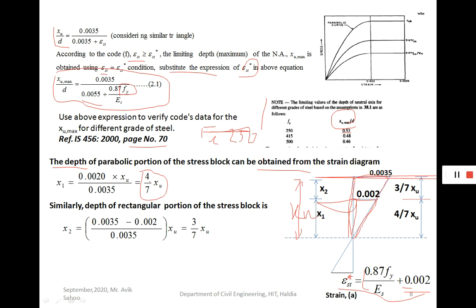If x1 is 4 by 7, then x2 is simply 3 by 7, because the total depth of the neutral axis is xu. So x2 is 3 by 7 xu.